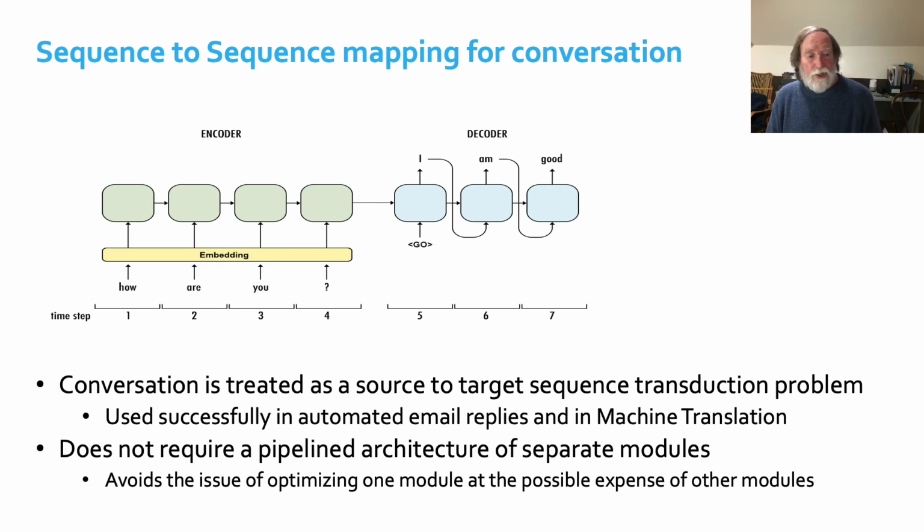One of the difficulties there is that when you try to optimize one module, that can have a knock-on effect to the other modules of the system. And so if you don't actually have the modules at all, then you can do away with that particular problem.